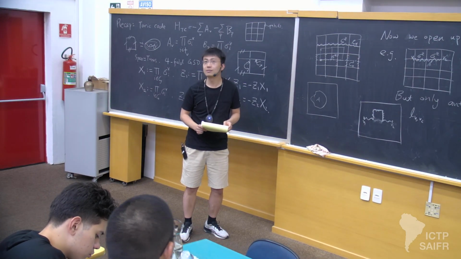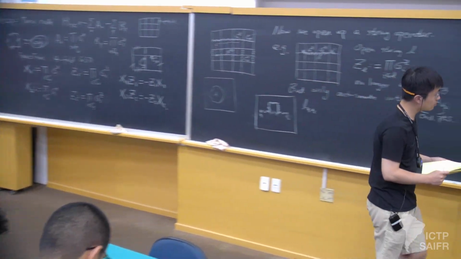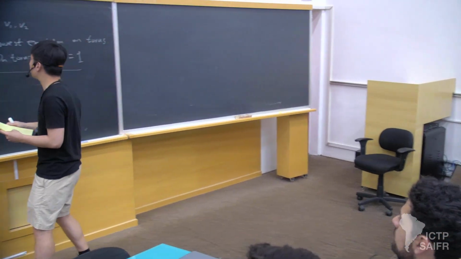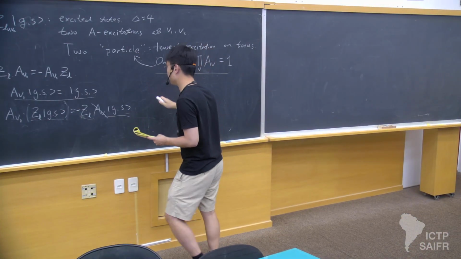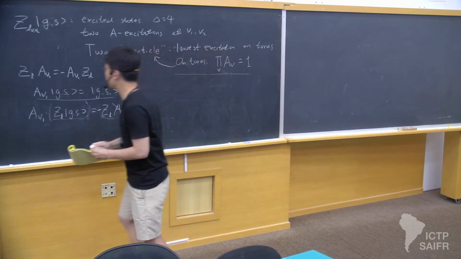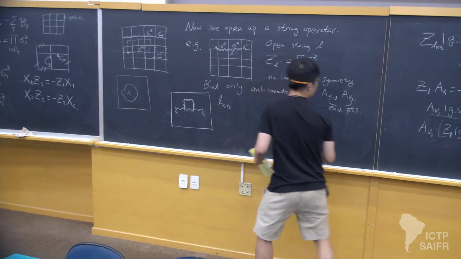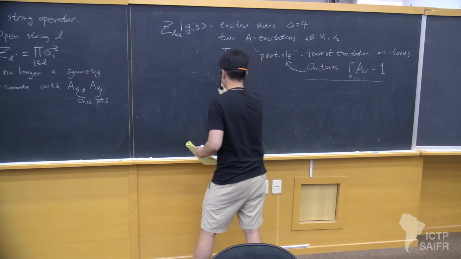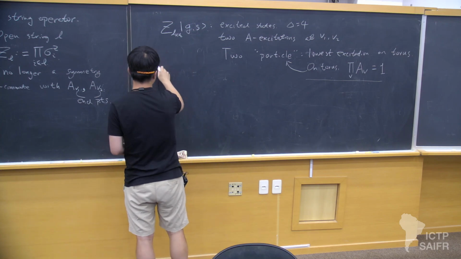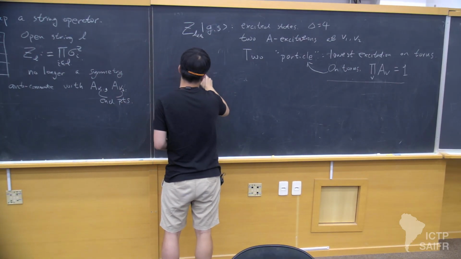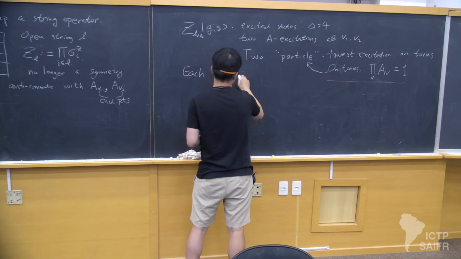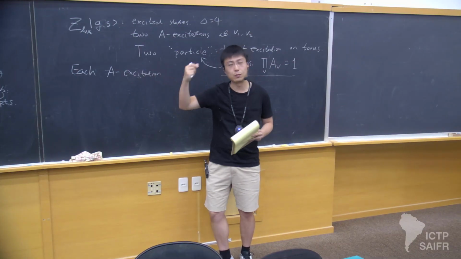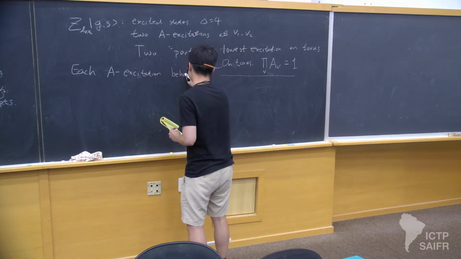Any more questions? Okay, good. So you get the two-particle excitation. What I want to say is that each of these A excitations, for example, the A excitation at vertex V1, behaves like a particle.